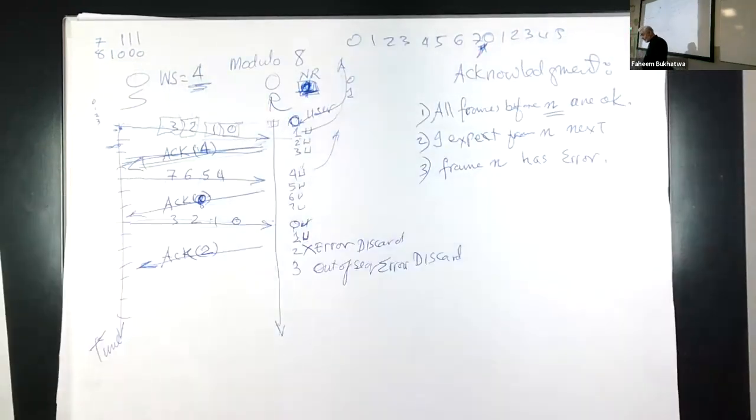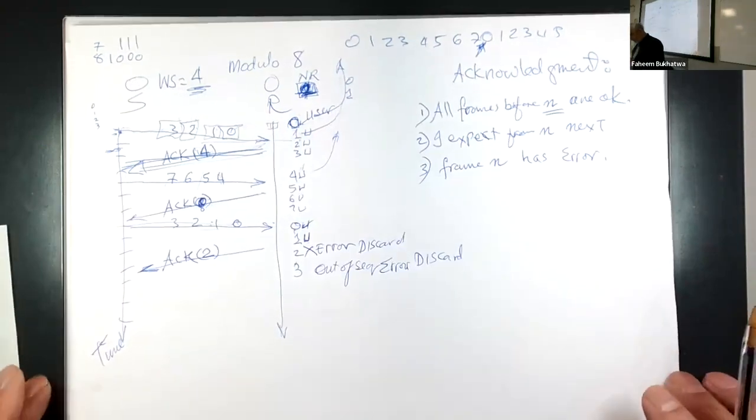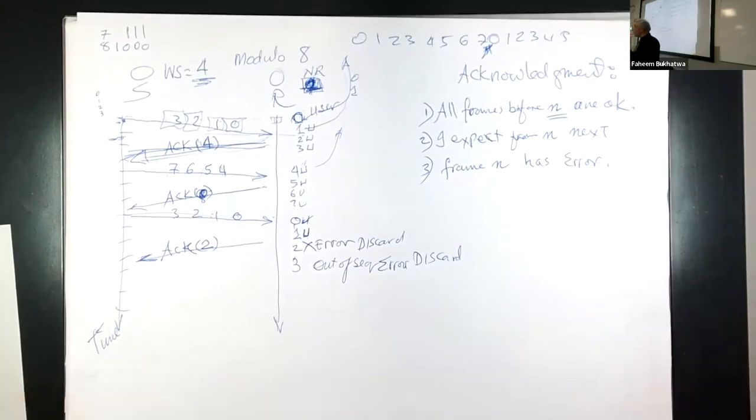Let's imagine the frames we are sending are coming from a mobile phone or WhatsApp. You are talking to somebody. For example, your device is taking your sound and sending it to someone else, breaking it into packets.